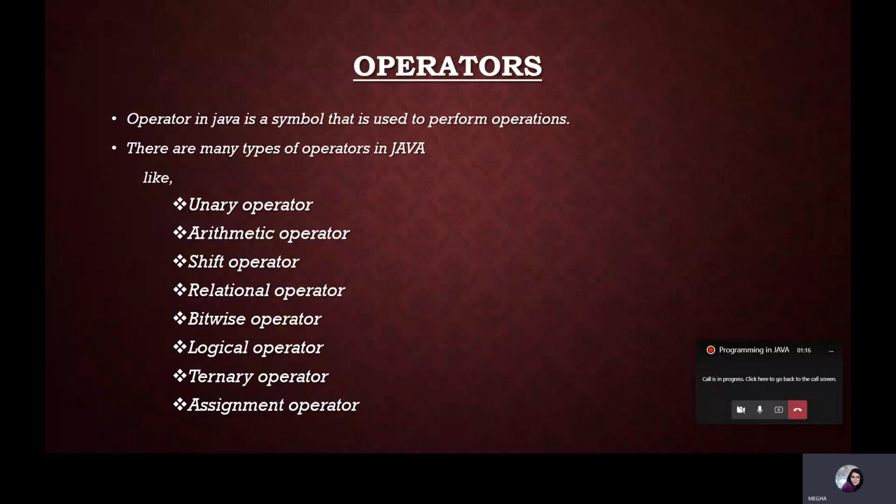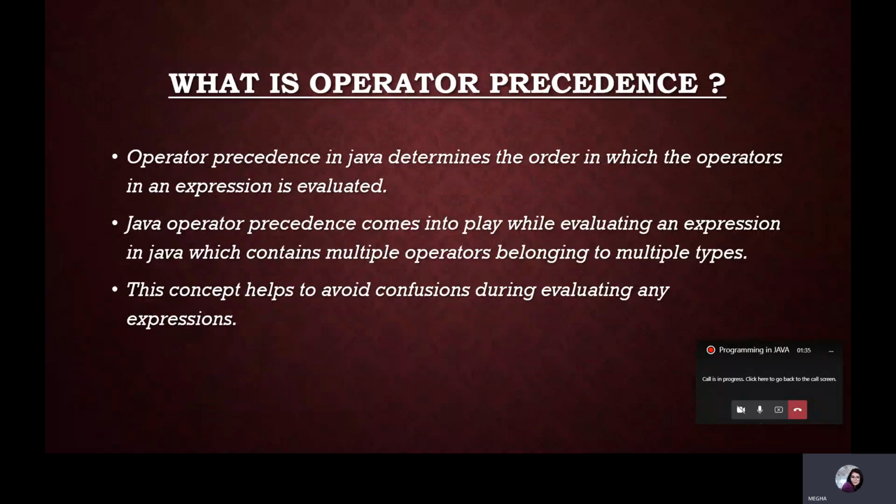In Java we have different types of operators, that is unary operator, arithmetic operator, shift operator, relational operator, bitwise operator, logical operator, ternary operator and assignment operators. Now that we know these operators, let us know about operator precedence.